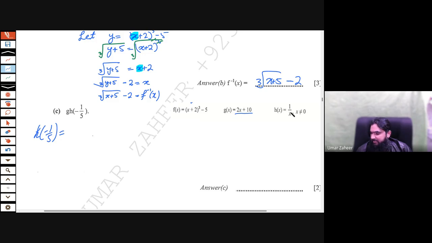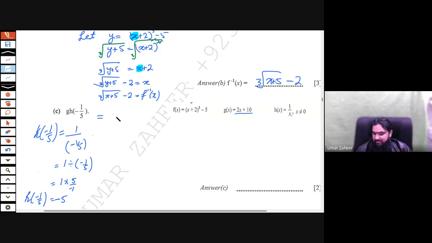The h function is 1 by x. So 1 divided by minus 1 by 5. Take the reciprocal: when you change the division into multiplication, it becomes 5 by minus 1. So the final answer is minus 5.